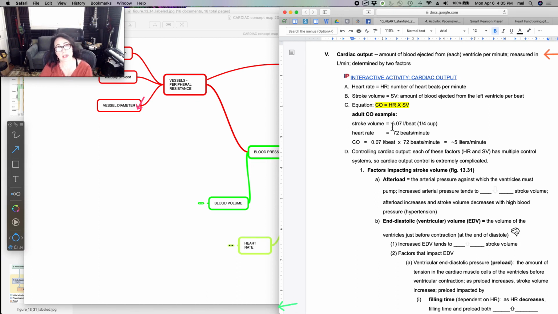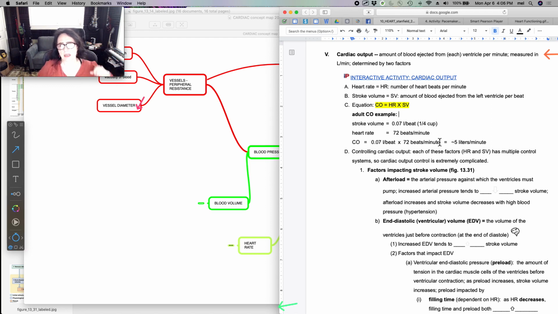Okay, so here's just an example of how cardiac output can actually work. An adult cardiac output example that's within reason is a stroke volume of about 0.07 liters per beat, which is around a quarter cup per squirt. And usually we're concentrating on the left ventricle unless somebody's specifically making you look at pulmonary circulation.